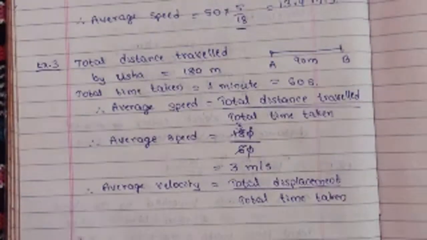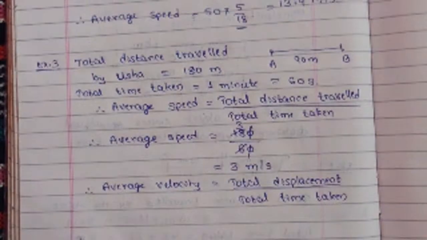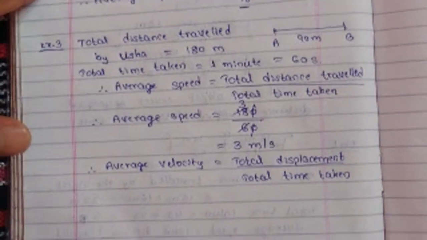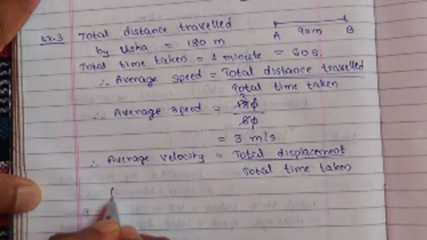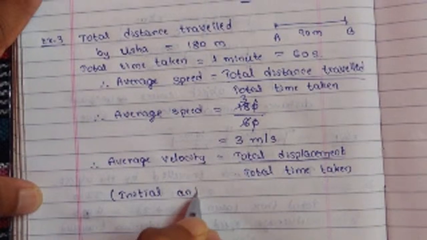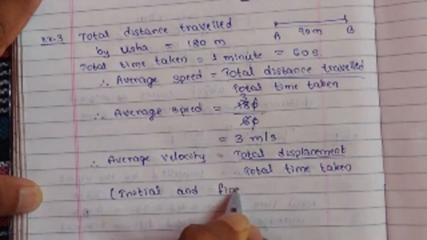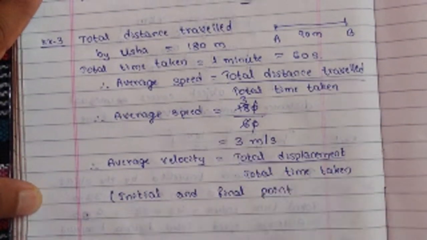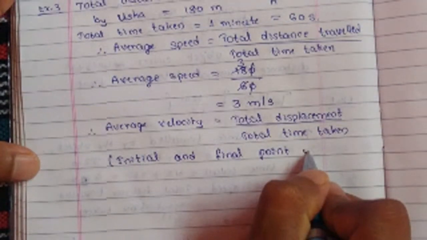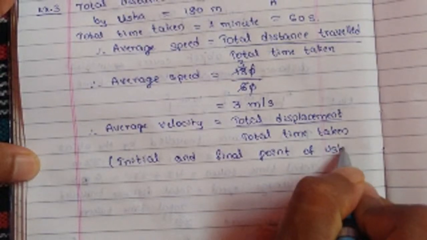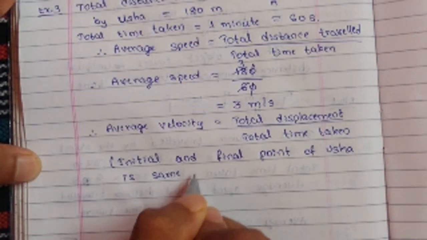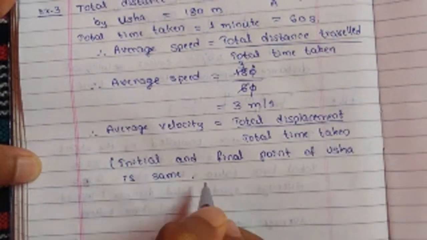Total displacement divided by total time taken. So here I'll write one reason: the initial and final point of Usha is the same.